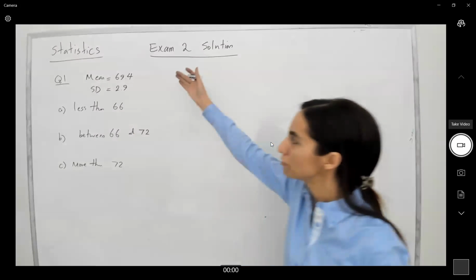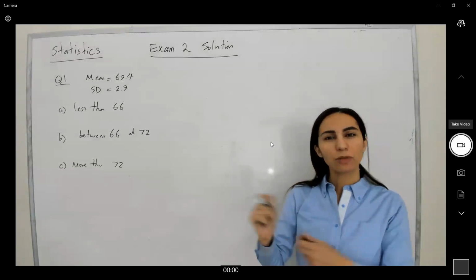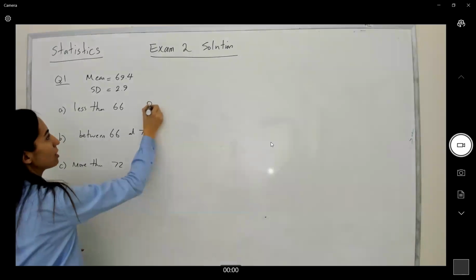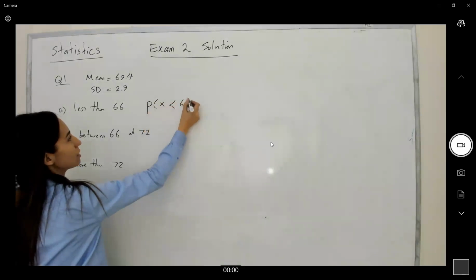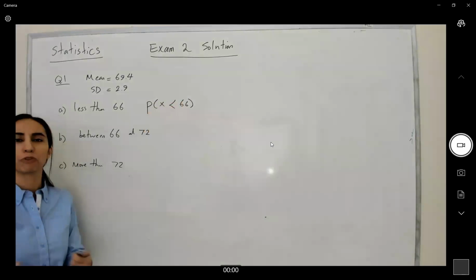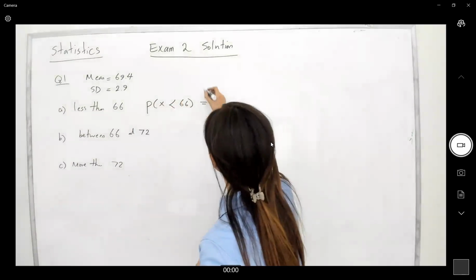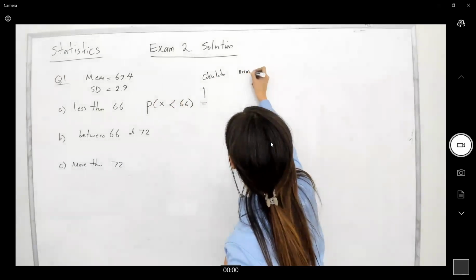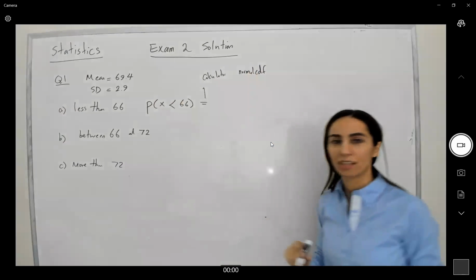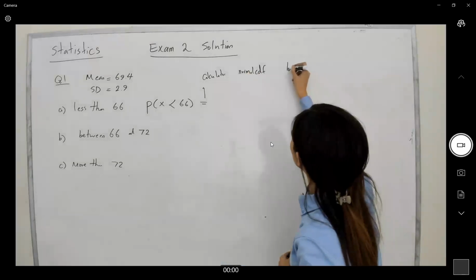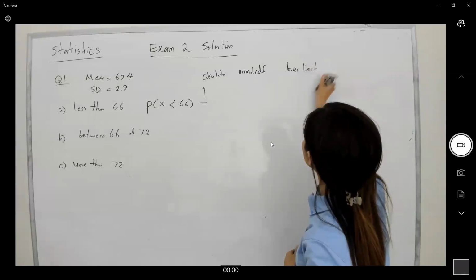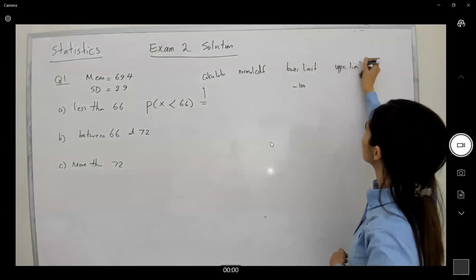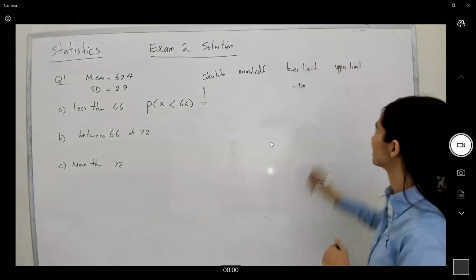Very well. So you have the mean, you have the standard deviation, and you're randomly selecting one person. This one asks, what is the probability that X is less than 66? What are we going to do? We're going to use our calculator, normal CDF, with a lower limit of a negative number, like negative 100, and an upper limit which stops at 66.